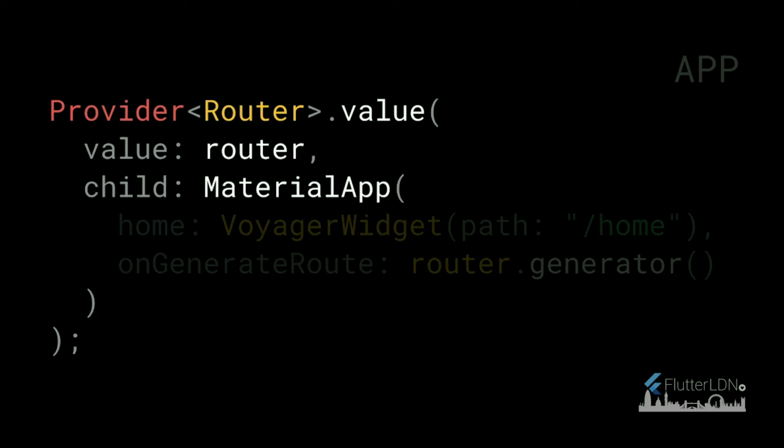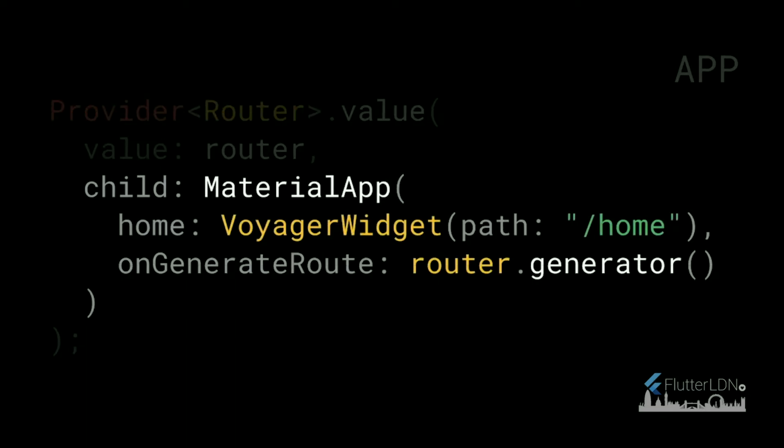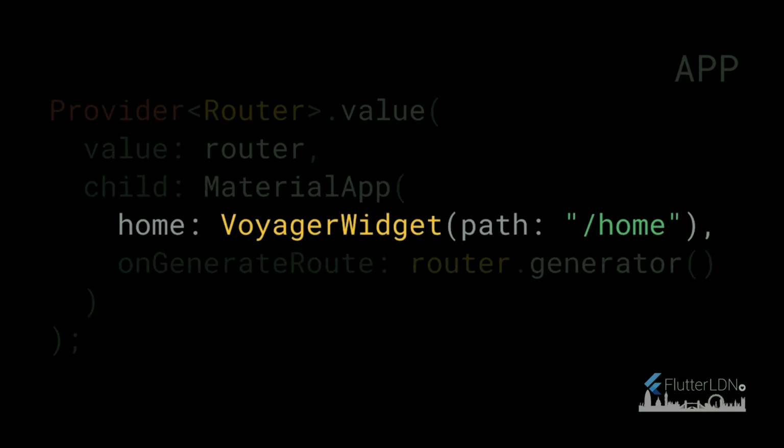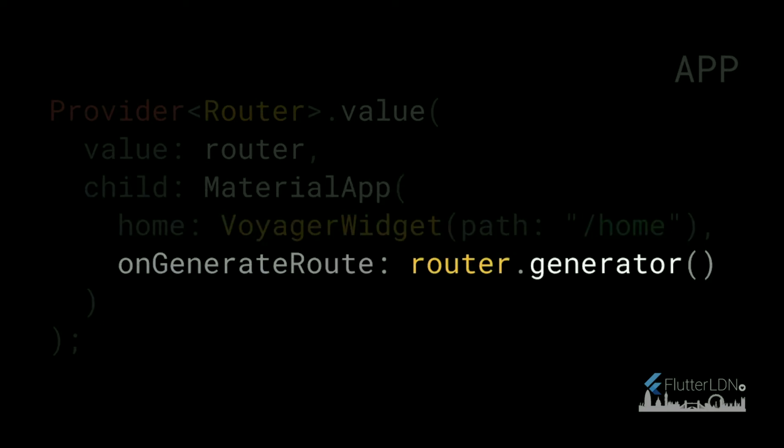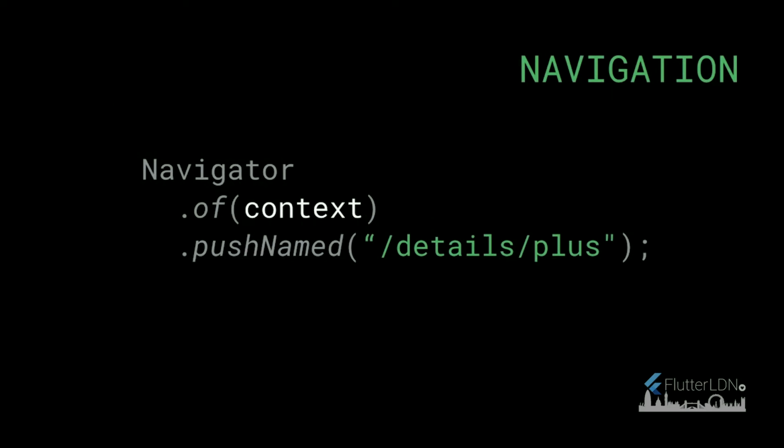And speaking of Material app, the minimal integration you can do is start by specifying your home widget and supplying the router generator. Doing this line helps you easily navigate anywhere within your app using the standard Flutter API.